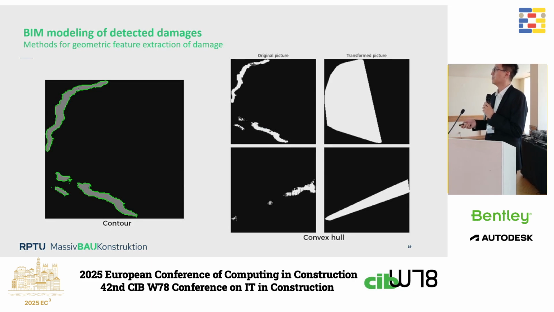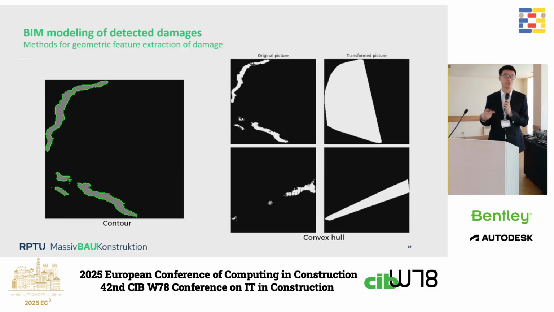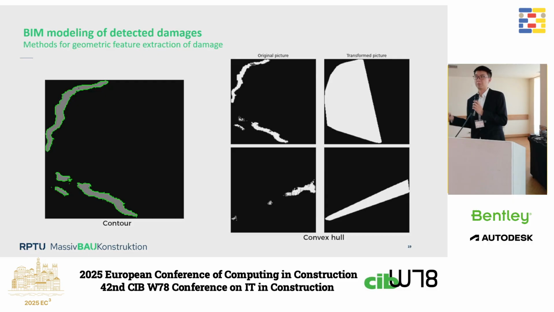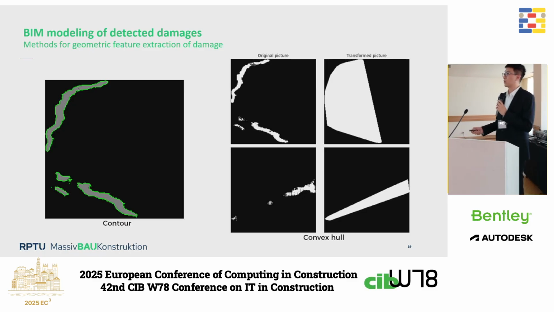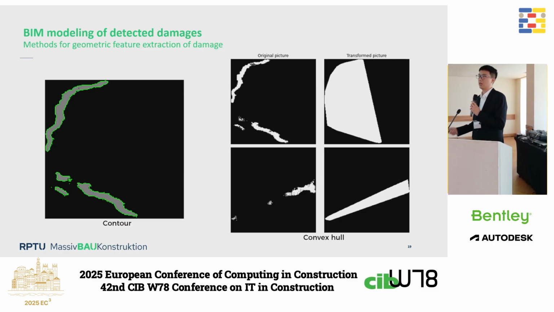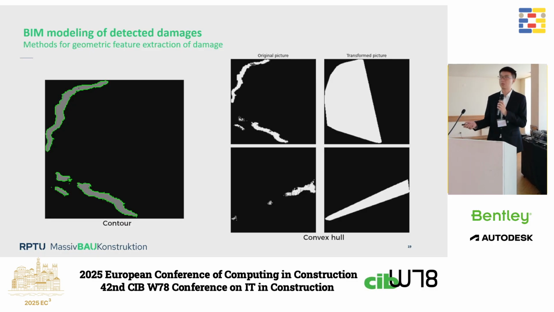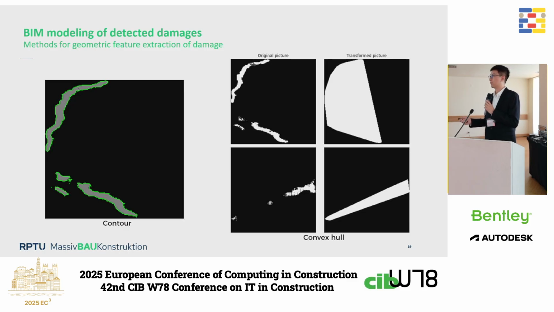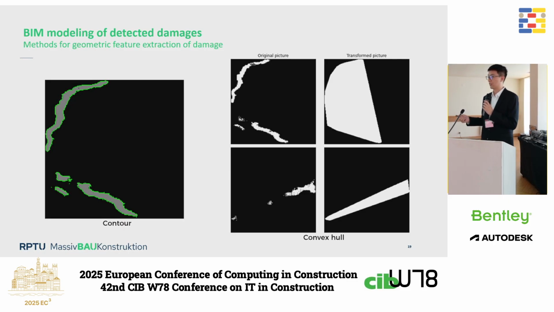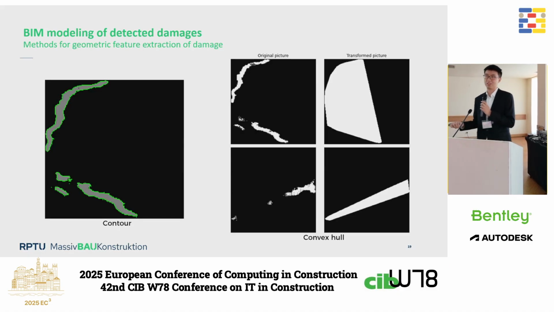That's the important part of our study. We have tried to convert these geometric features of damage into our BIM model. We first tried the contour method. We tried to find the contours of damages, but the detected areas of damages are not continuous.